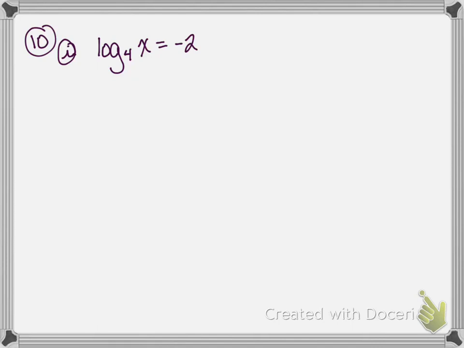So here's our first one. This is a log. Sometimes we're going to use our properties and sometimes we're going to use the definition of an exponent. This is written as a single log. So I've got log base 4 of x equals negative 2. I'm going to rewrite that as an exponent.